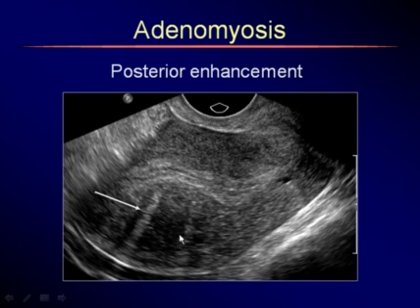Another not that well described finding is seeing through transmission, increased sound transmission. There are areas of shadowing, but sometimes you'll see hyperechoic kind of, these are actually reverberations, probably from a little cystic fluid area of bleeding in the myometrium.